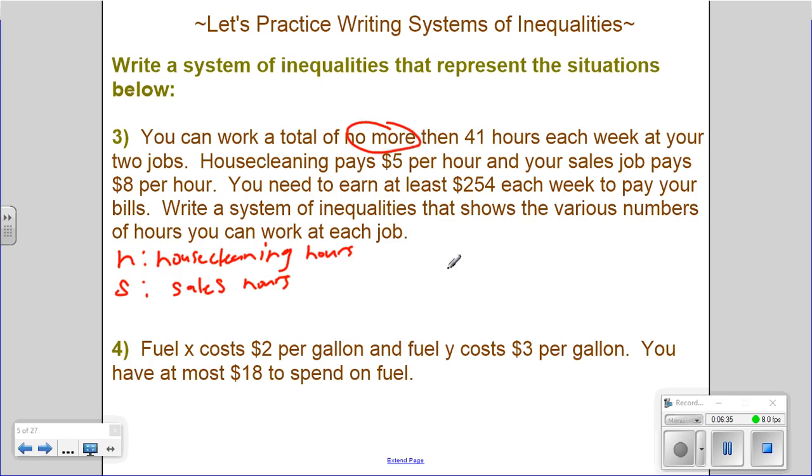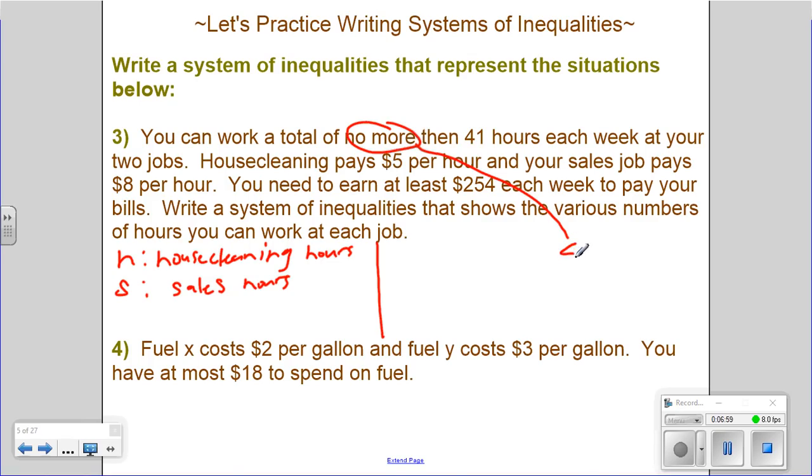Okay, so based on the first sentence, it says you can work no more than 41 hours each week at both jobs. So no more means you can work less than or equal to, but you can't do more than it.